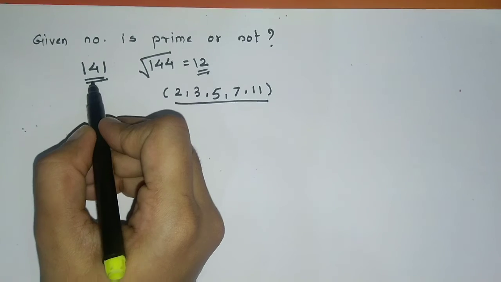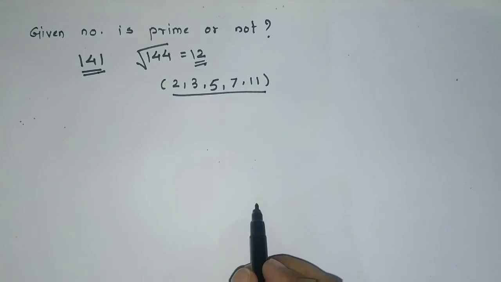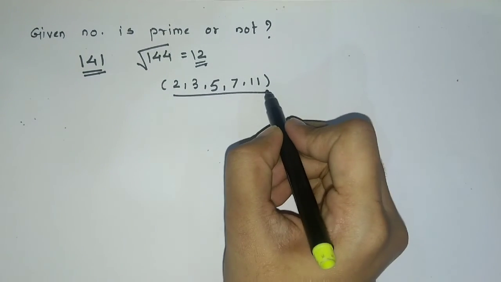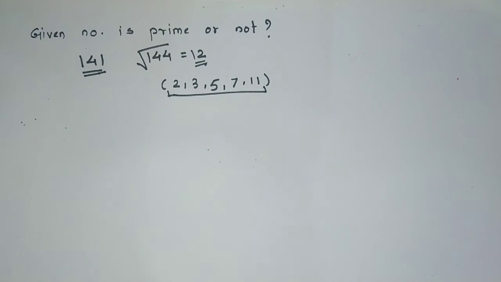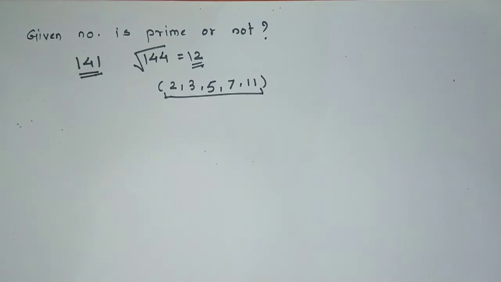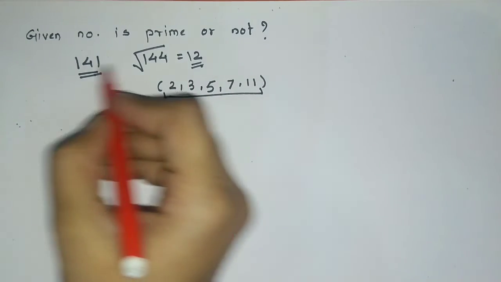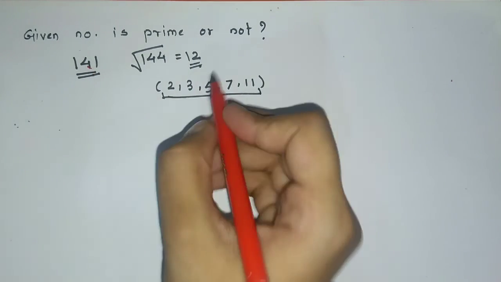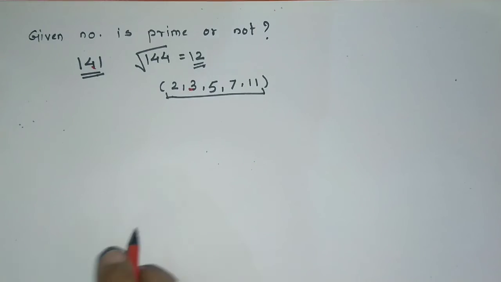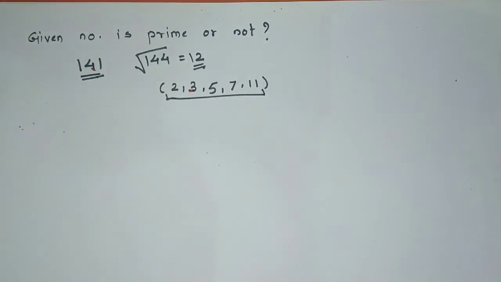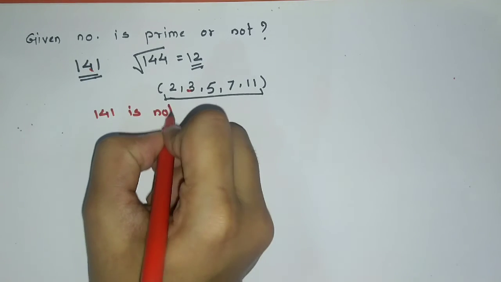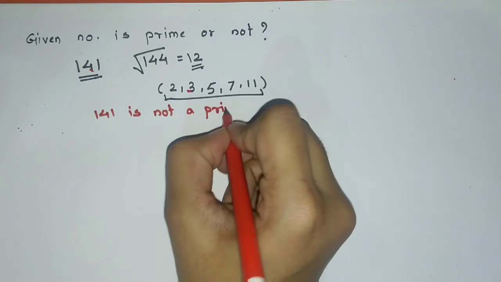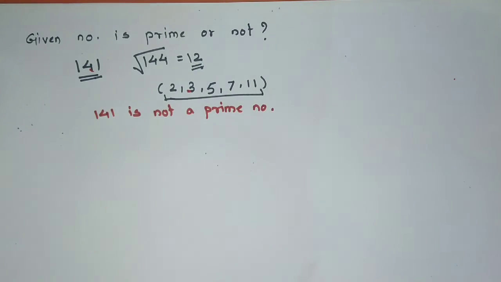If it is completely divisible, then 141 is not a prime number, and if it is not divisible by any one of these numbers, then it is a prime number. Here, 141 is not divisible by 2. 4 plus 1, 5 plus 1, 6. Yes, 6 is a multiple of 3. So 141 is divisible by 3. Hence, 141 is not a prime number. I hope you get this.